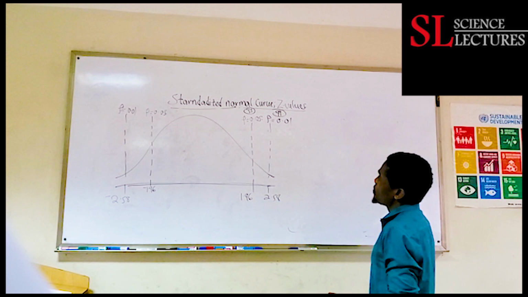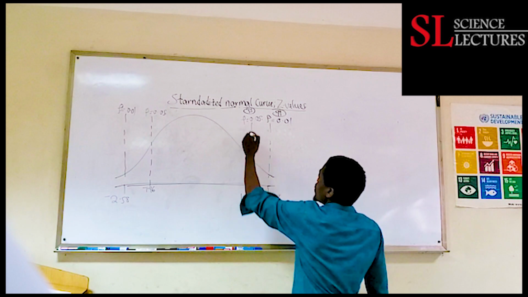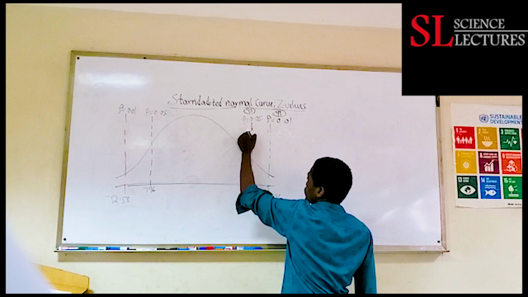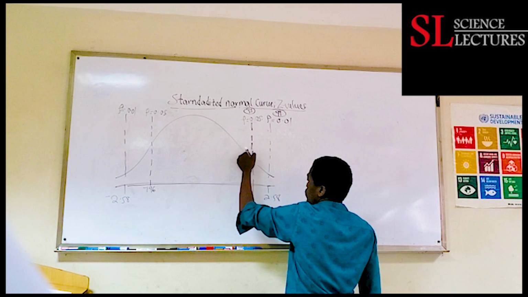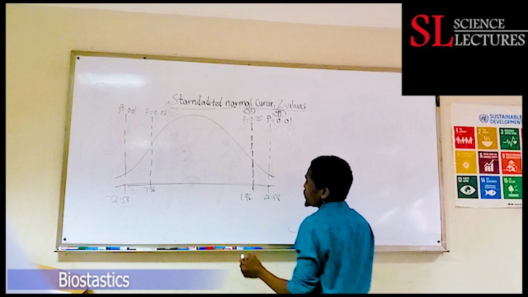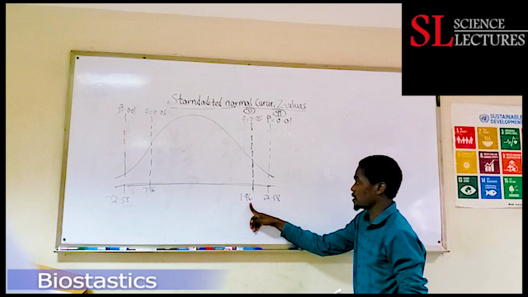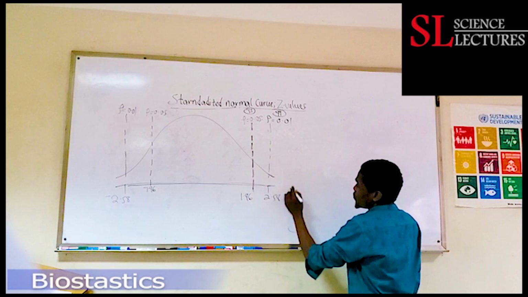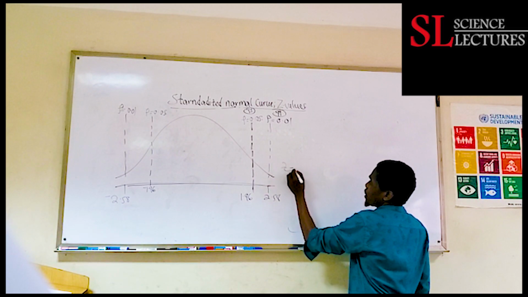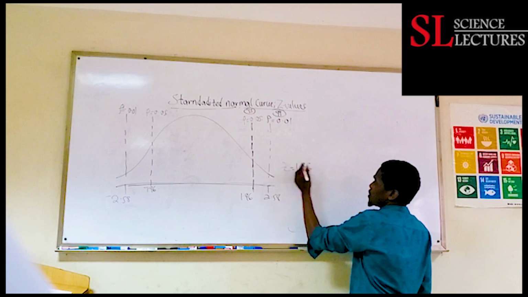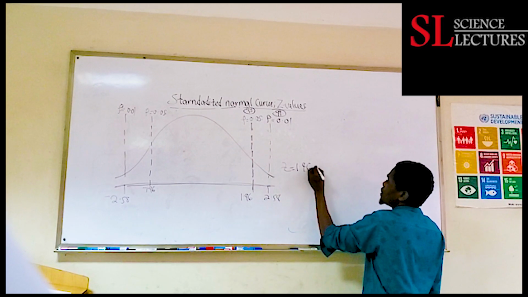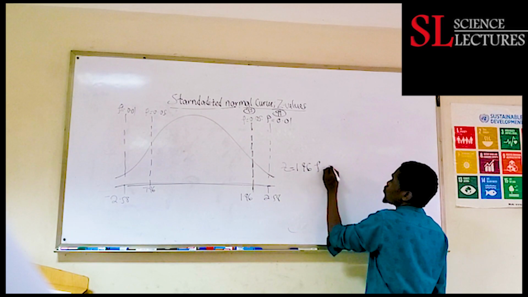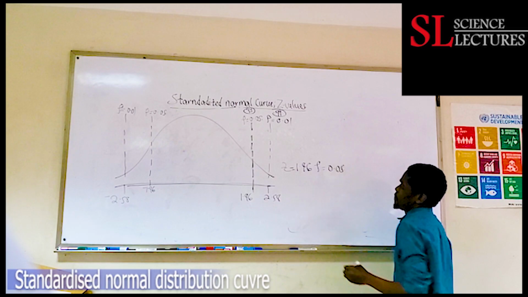So in terms of probability, if you get a z value equal to 1.96, like the value here, that means your probability P is equal to 0.05.